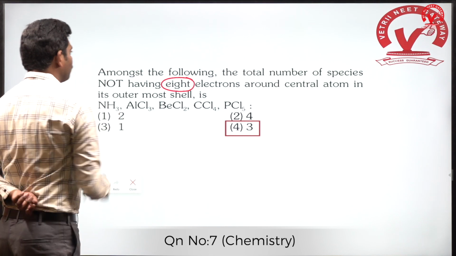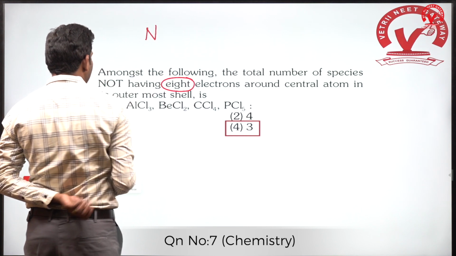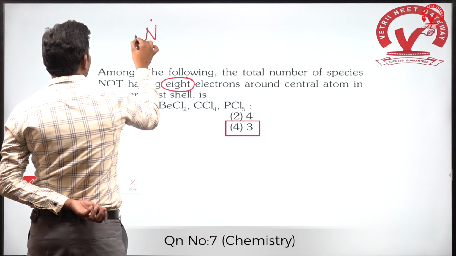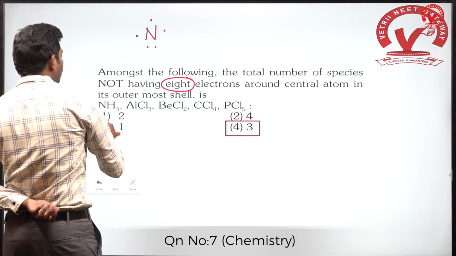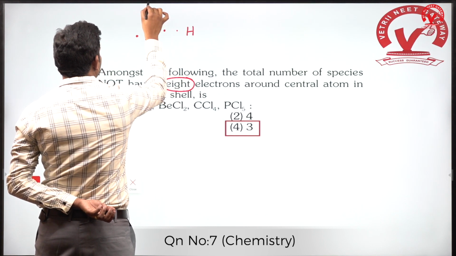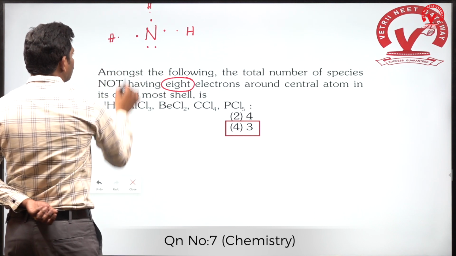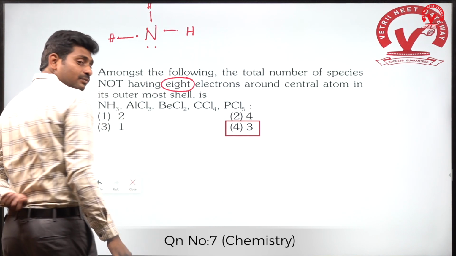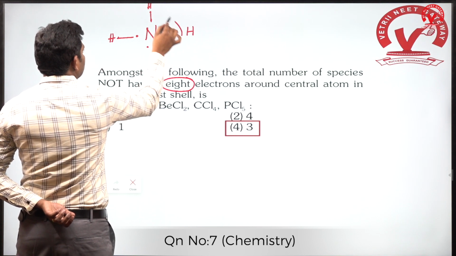First we write the Lewis structure for ammonia. Ammonia, central atom nitrogen, having 5 valence electrons. It is surrounded by 3 hydrogens, each hydrogen with 1 electron, and a bond is formed between each. The electrons are mutually shared.